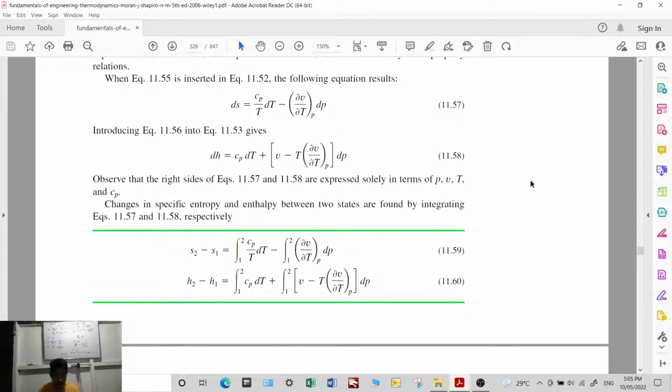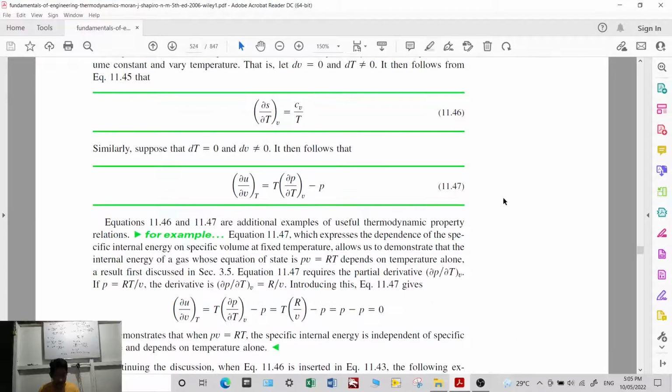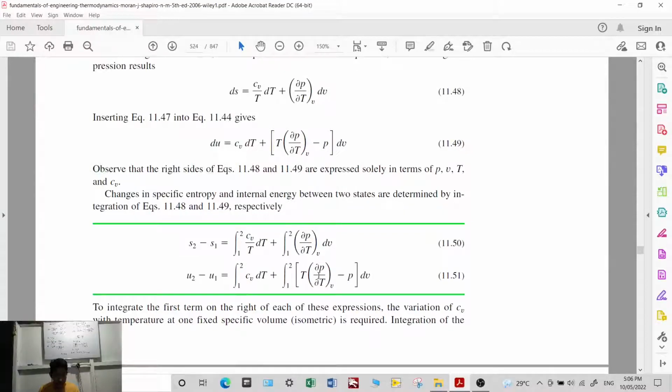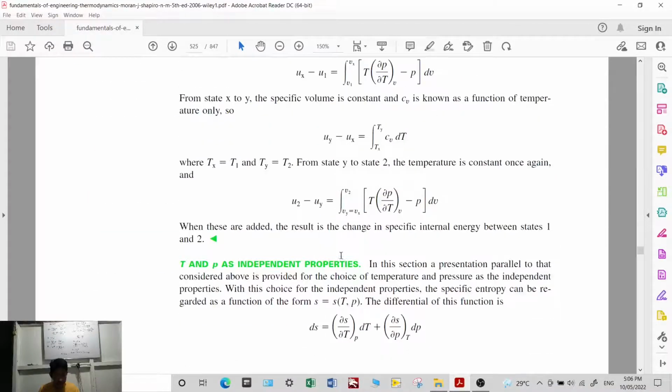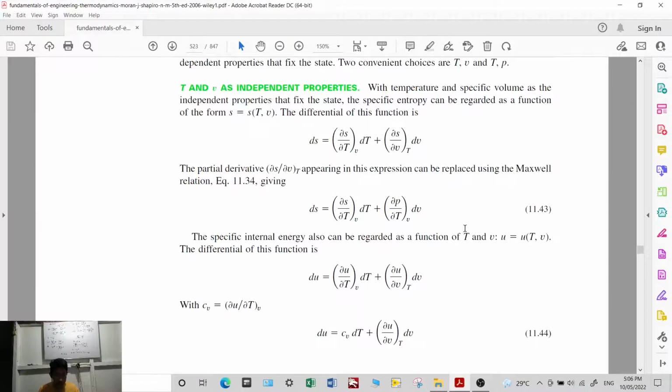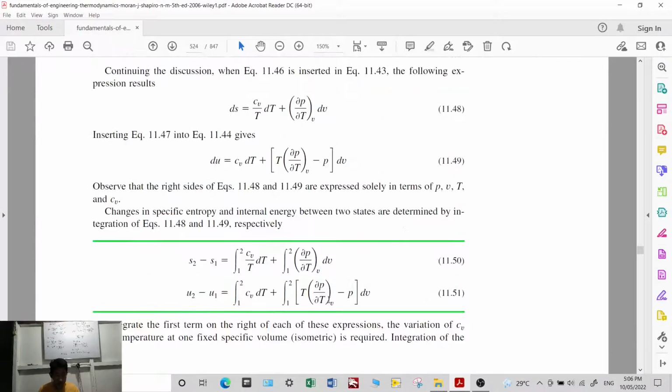For now, we will use this one as compared to the other, because the Redlich-Kwong equation has P as an explicit function, so it is easier to evaluate. It is not that difficult to take. We will compare this later on.